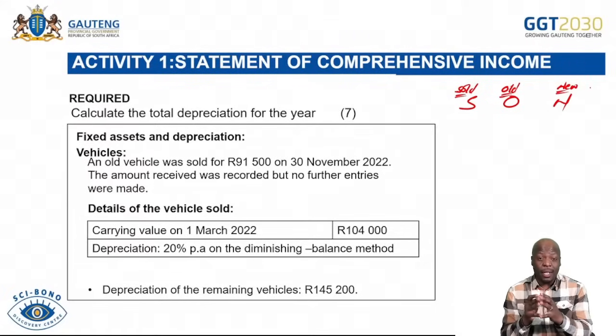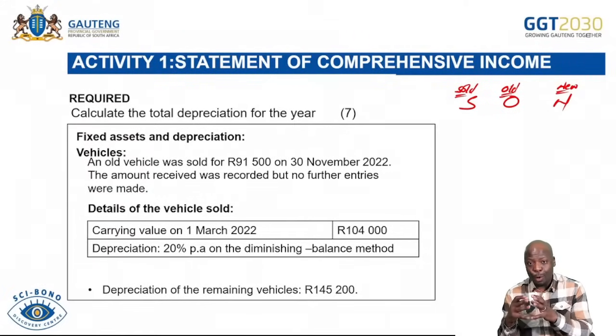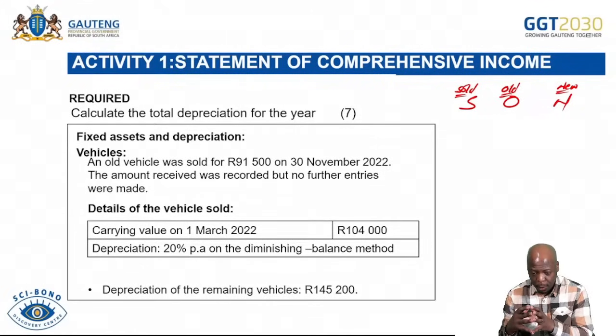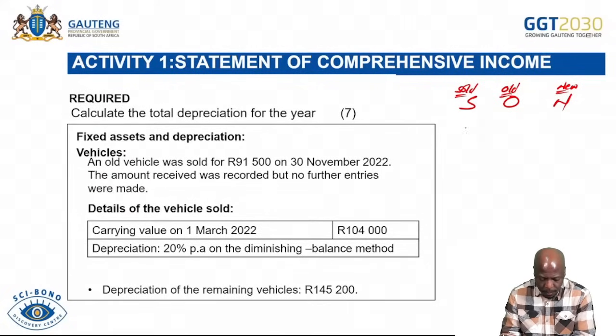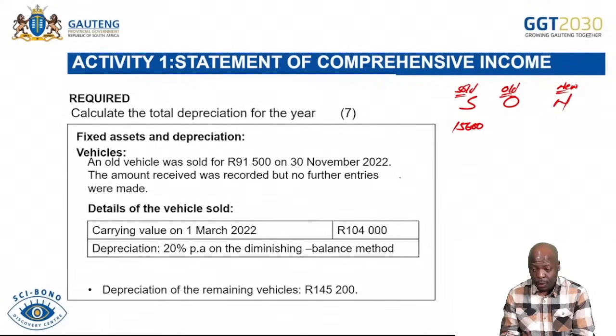So whenever we are calculating depreciation, we have to think sold, old, and new. Are you still with me? Okay. So here, we are aware that we have depreciation for the sold. How much is depreciation for the sold? It is 15,600. Okay, we calculated it earlier on.